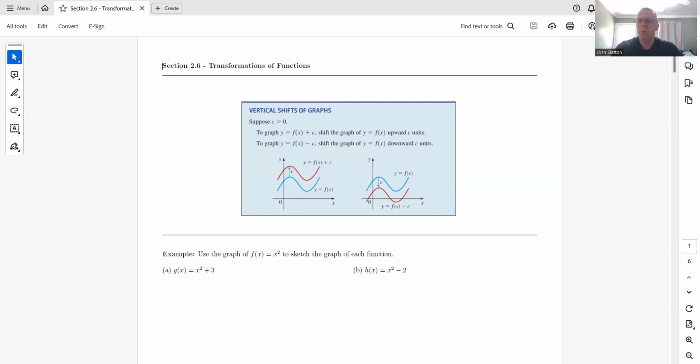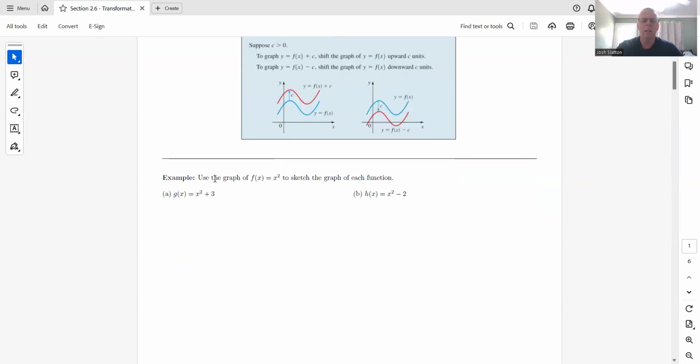So in this first example, g of x equals x squared plus 3, the plus 3 is going to move it up. We'll keep the same pattern here.